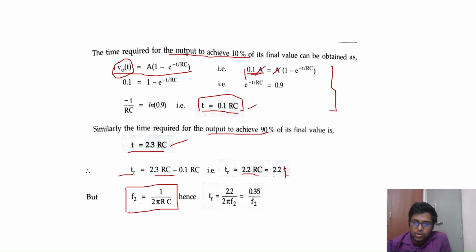So here I am going to replace this tau by 1 by 2 pi F2. Now you can simplify this analysis so that finally the rise time is nothing but 0.35 divided by F2. So if you know the cutoff frequency, you can easily calculate the rise time. So that's all about the analysis. Thank you.